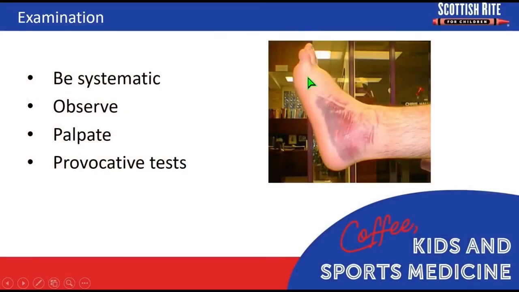So when we examine an ankle, I would ask you guys to stay consistent with the way you examine. Despite the patient, despite the size of the patient, the age of the patient, if you stay consistent, you'll get the same exam every time. And I would venture to say that the best thing to do is try to examine the other side first. You want to see what a norm looks like on a child so you can determine abnormality.